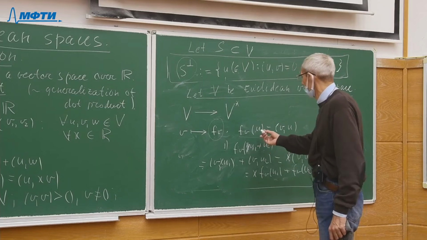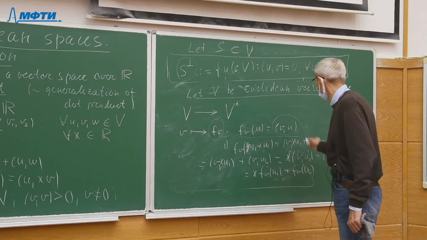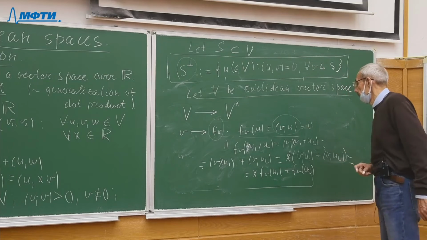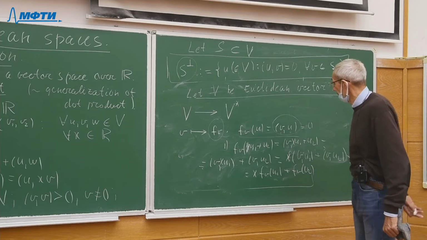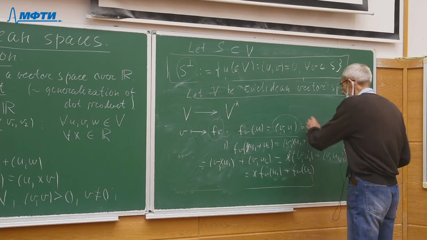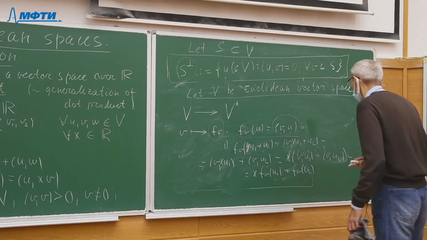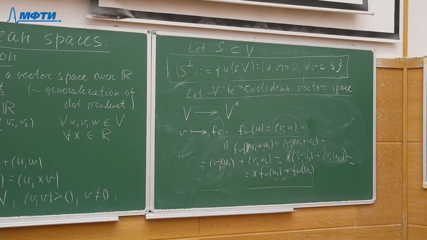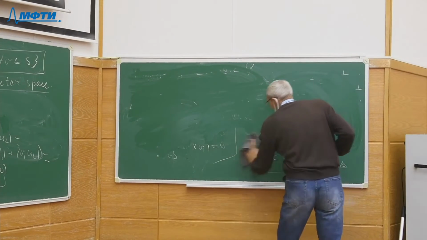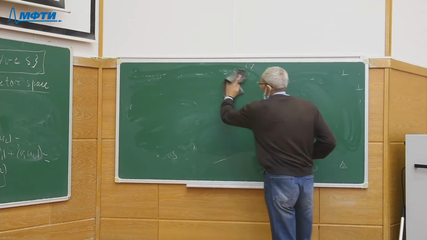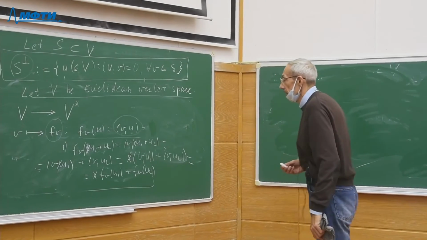It means that if the scalar product (v, u) is equal to 0 for all vectors u, then v is equal to 0. Let's check that this assignment is injective.